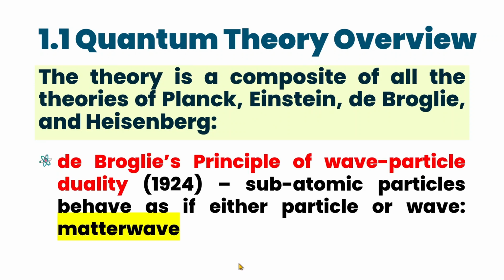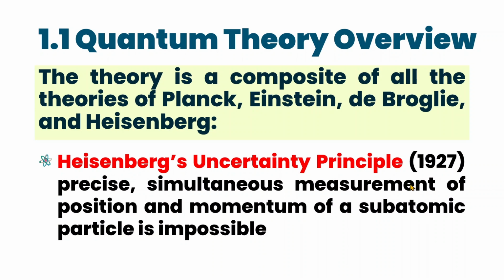Next, in 1924, Louis de Broglie introduced the idea of wave-particle duality. He said that subatomic particles like electrons can behave both like particles and waves, which was a pretty mind-blowing concept at that time. And that's why we now have the term matter wave. Finally, in 1927, Werner Heisenberg came up with the uncertainty principle.